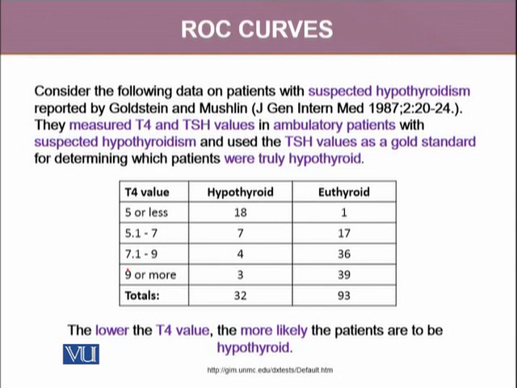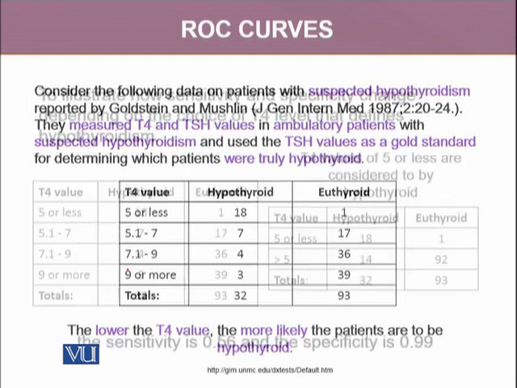Whereas only one person was diagnosed as euthyroid with a value less than 5, and similarly we have the whole distribution in front of us. The lower the T4 value, the more likely the patient is to be hypothyroid.